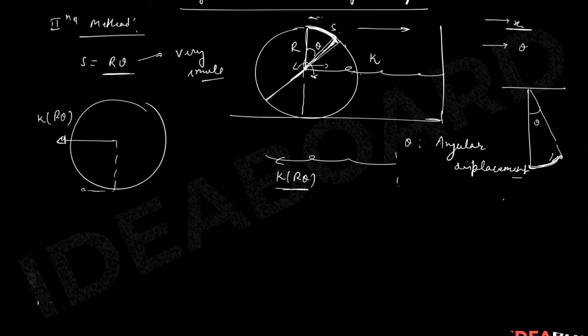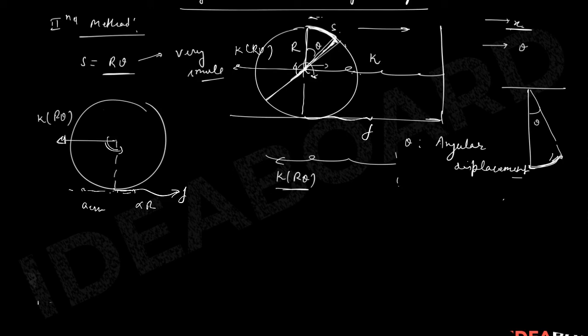So direction is like this, right? For alpha, I'm trying to draw. Of course alpha is the value of ACM, acceleration. For that purpose there has to be a force in the opposite direction. So obviously friction force is in this direction, and the spring force is going to be K into R into theta.